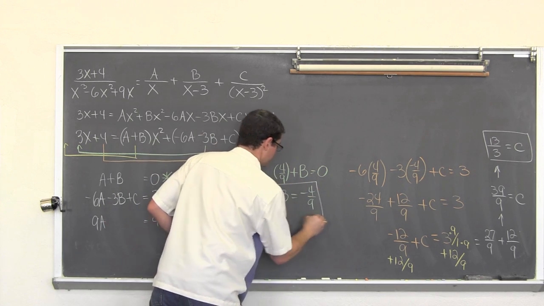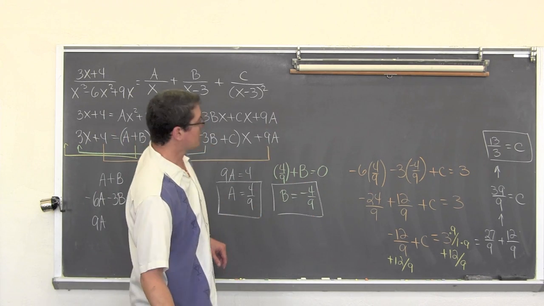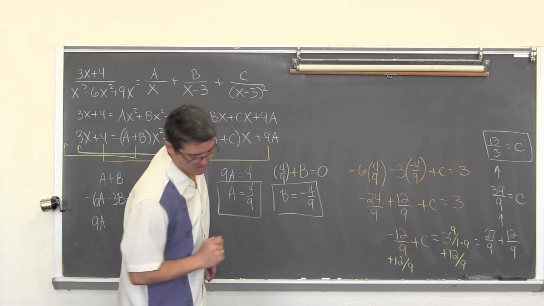So we have our constant of C, we have our constant of B, we have our constant of A. Let me just make sure these are all correct. Yes, they are.